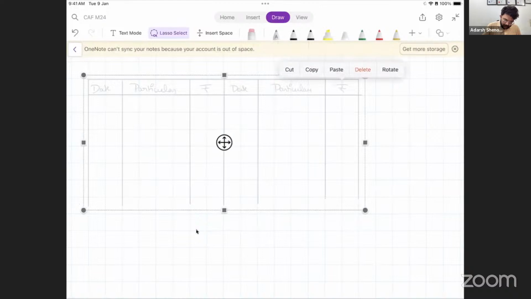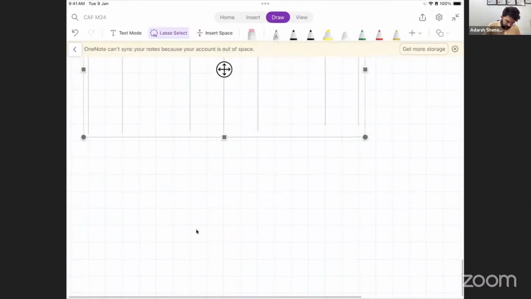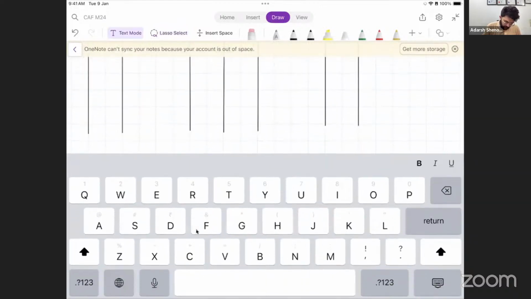We will need 8 ledger accounts. So let me copy this 8 times, 7 more times.